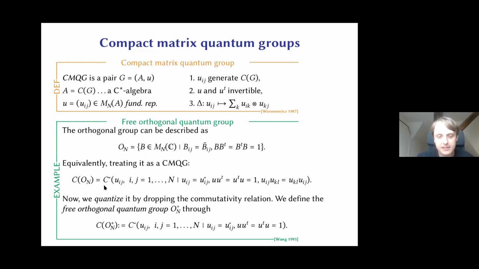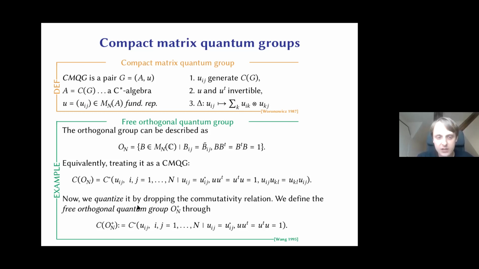And this can be, in this case, described as the universal C-star algebra generated by some elements Uij that satisfy some relations, and those relations exactly copy those here. So these self-adjoint entries, this corresponds to this. This is the orthogonality of the matrix. And in addition, we of course have to say that the C-star algebra is commutative, because functions commute.